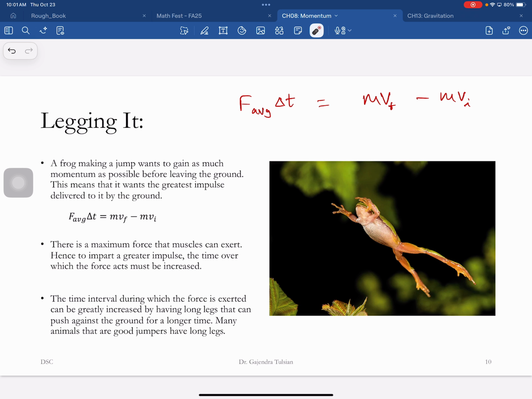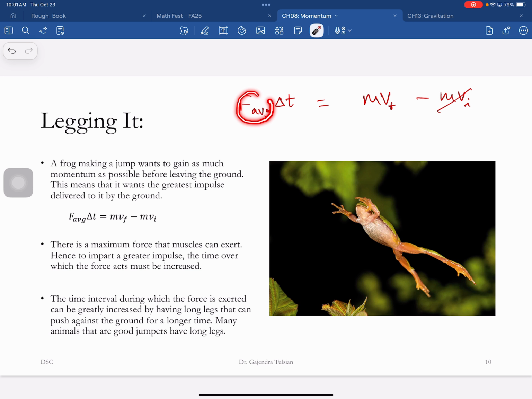If you want to jump as high as possible, then you want to launch off as fast as possible, right? Now all muscles have a certain maximum force they can exert. So this is limited, and this is 0, so there's a maximum force that you can apply using a muscle.